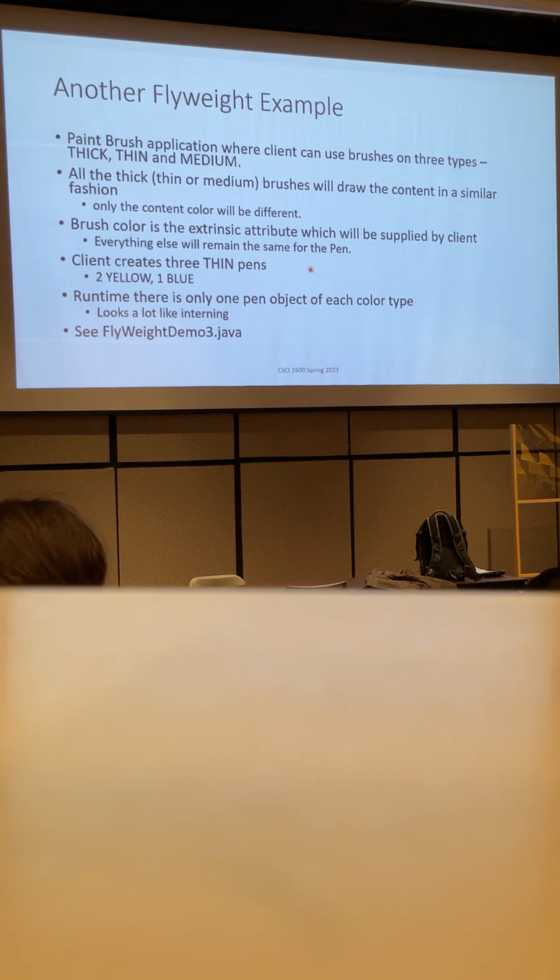So, for example, if the client creates 3 thin pens, 2 yellow and 1 blue, intrinsic state would be pen. And that means that there will be only one pen object of each color type.